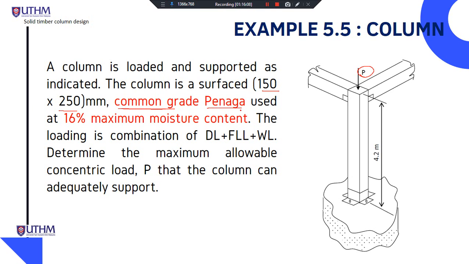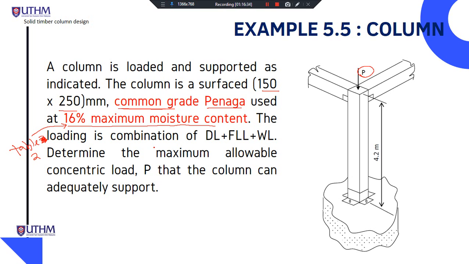The species is Penaga and used at 16% maximum moisture content, so we need to use the dry stresses. We need to refer to table 2, because it is a dry condition, and our species is Penaga and the grade is common.